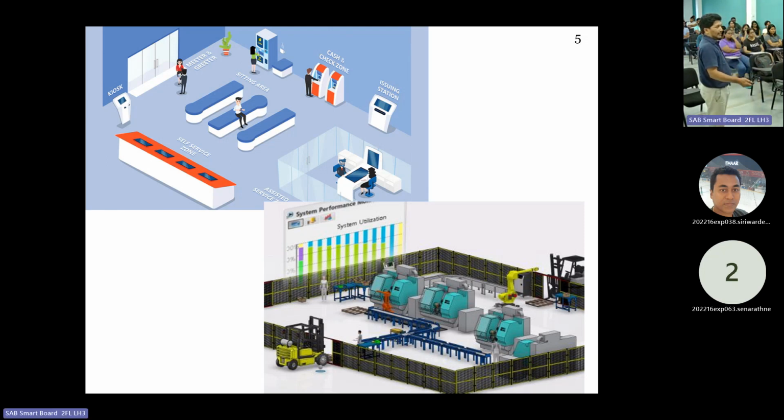What you see here in the top image is a bank, the lobby area. So how the space is allocated among different machines, equipment, tools, so that customers can fulfill their requirements.